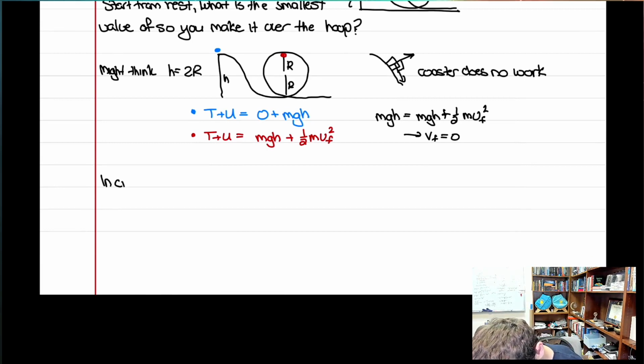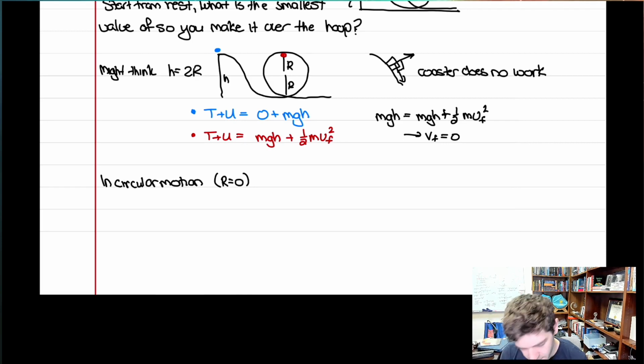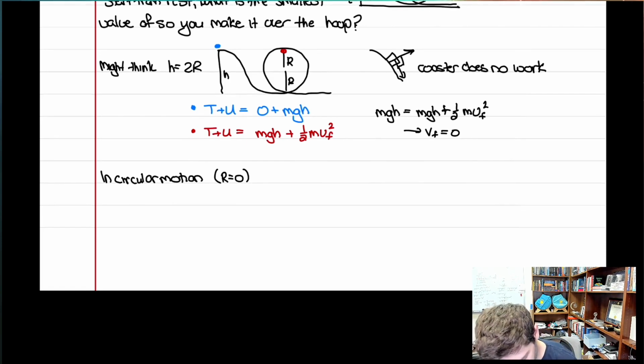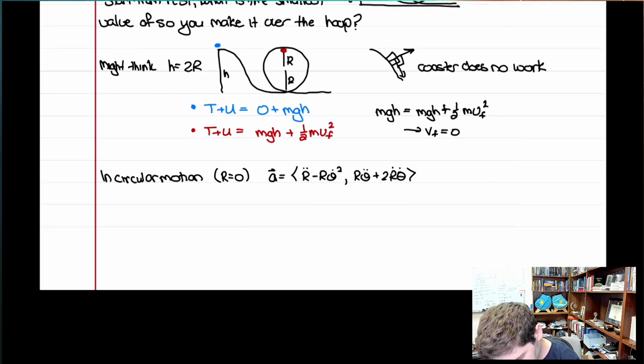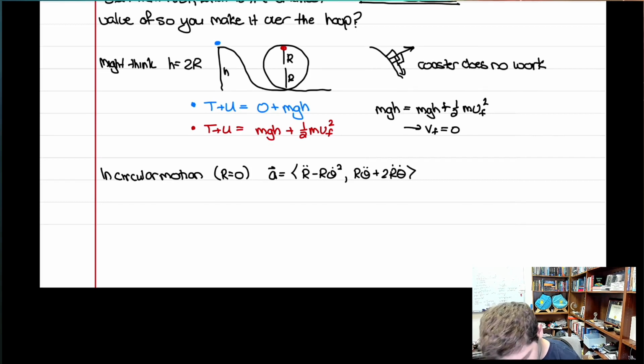In circular motion, meaning that r is a constant, if I study this from the center of the loop, then we have the acceleration vector: r double dot minus r theta dot squared, comma, r theta double dot plus 2 r dot theta dot. If we're constrained to move in a circle, those two terms cancel.